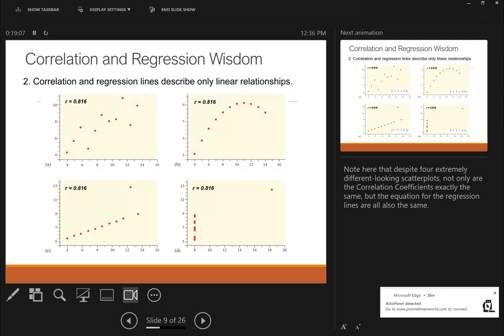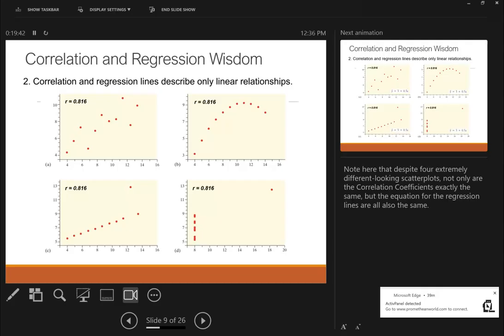Again, the point here is that R is not a summary by itself. If you looked at those scatter plots, I would say probably only two of them you would really call linear in nature, right? The first one and the third one. The second one looks quadratic to me. And the fourth one looks like a bunch of gobbledygook, right? Like a vertical relationship. I don't know what good that is doing anybody, but everybody feel okay?